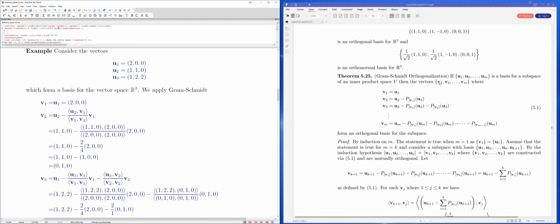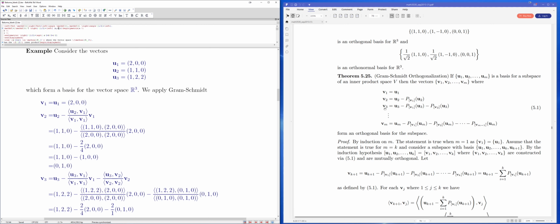The process works like this. The first new vector V1 is not really new; it's just the same as U1. For the second one, V2, you take the second vector U2 and subtract off the projection of U2 in the direction of V1. So to get V2, you take the old U2 and subtract off a projection.